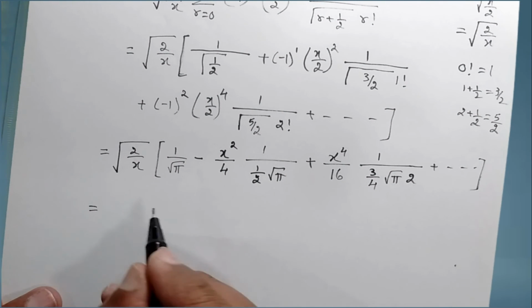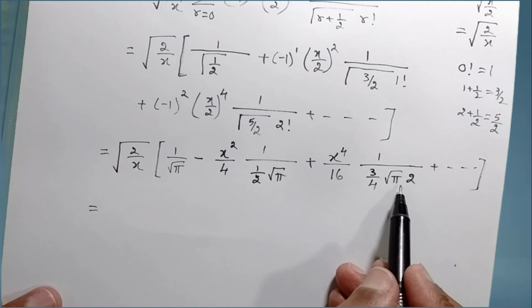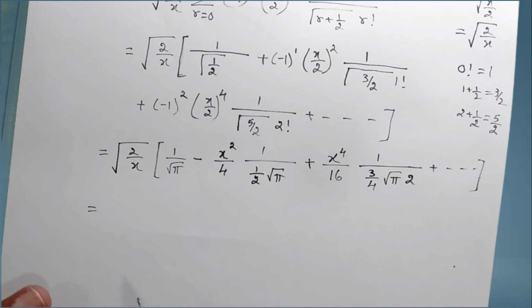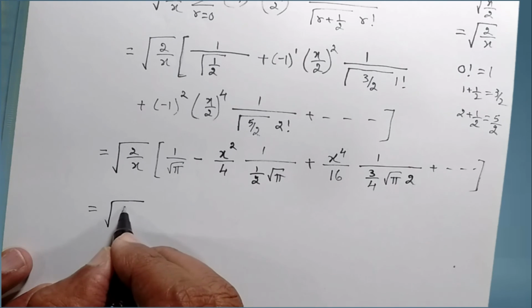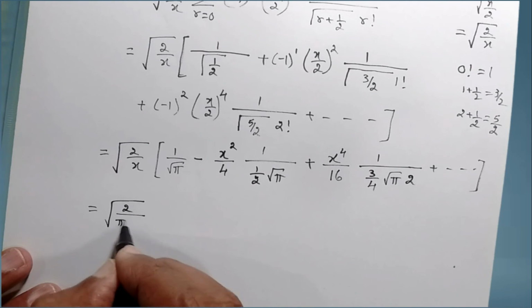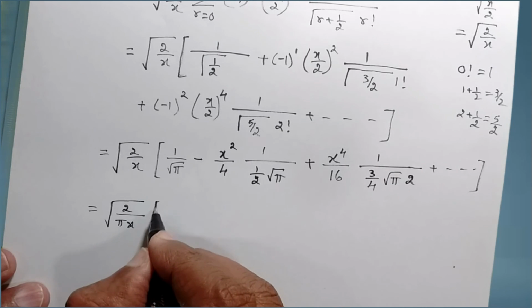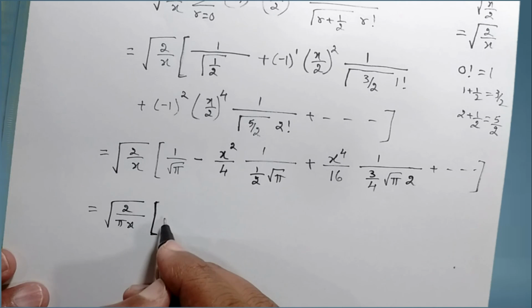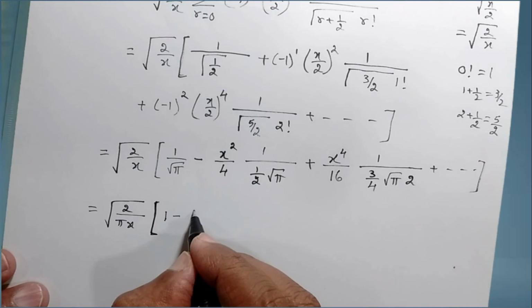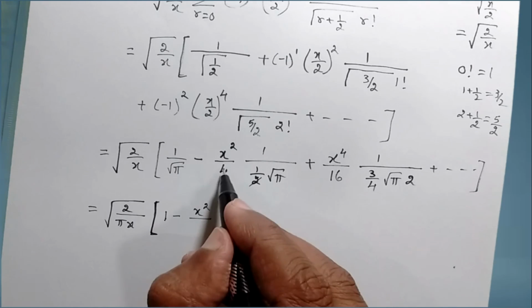Now this can be written as, so try to see here, square root of pi is common outside, so I will be taking square root of pi outside. Alright, so that becomes square root of 2 by pi x, because square root of pi is taken outside. Now let us see what is the term here. 1 will be left out, minus x square by, so this will cancel out, 2 1 times and 2 2 times.